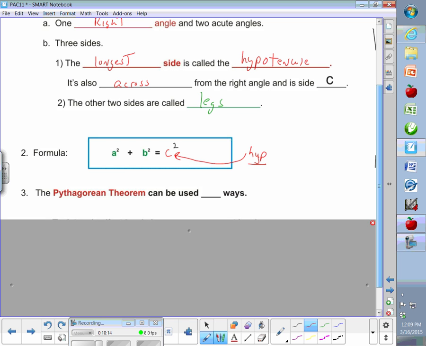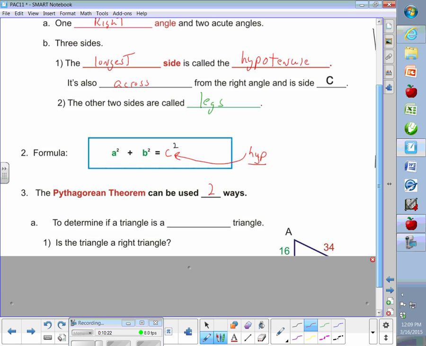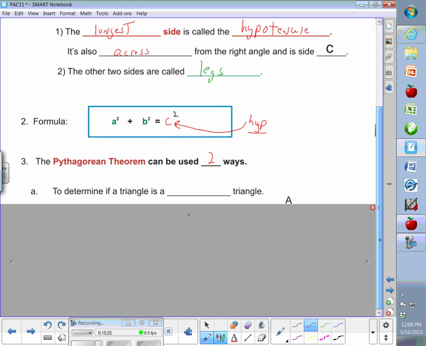So how is the Pythagorean theorem used practically? Well, a couple different ways. Two ways we're going to use it. The first way, we're going to use it to determine if a triangle is indeed a right triangle.